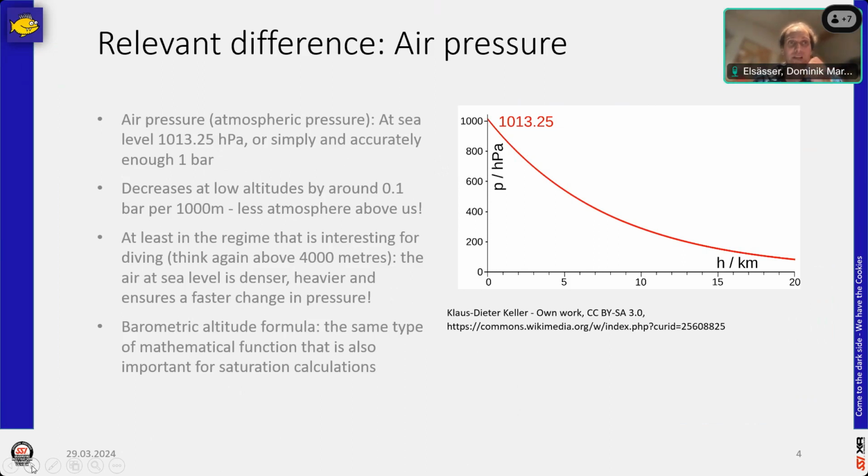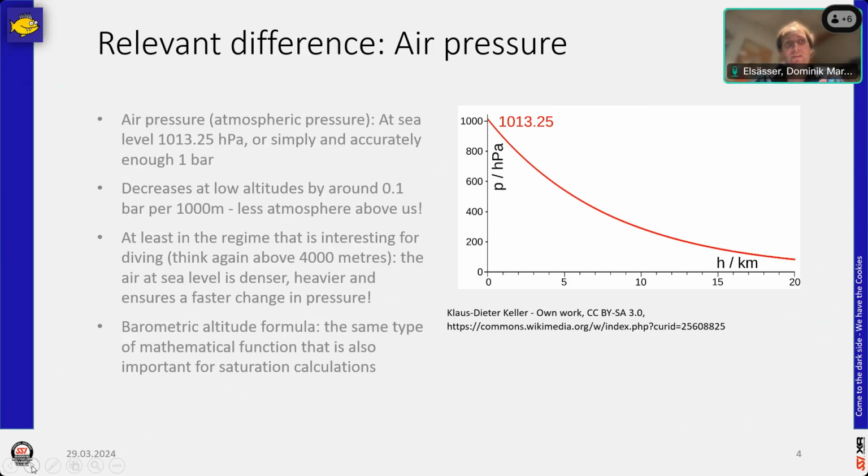And thus you get a relatively good approximation. You see that this is not linear, of course, but you also see that at moderate heights, you can approximate this with a linear idea to some reasonable extent.